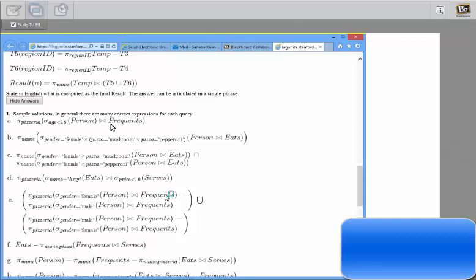And since we have to join this person table with frequents to know the name of pizzeria, we are making use of this symbol that is like your bow tie. Frequents, that means the table from which we are going to get information about the pizzerias. Pizzerias, that means the centers.